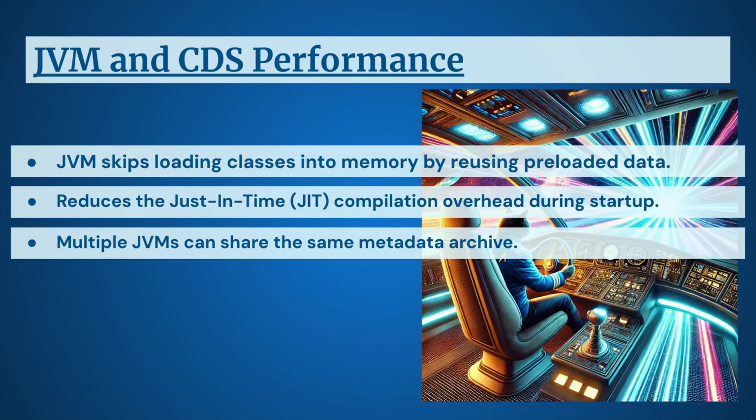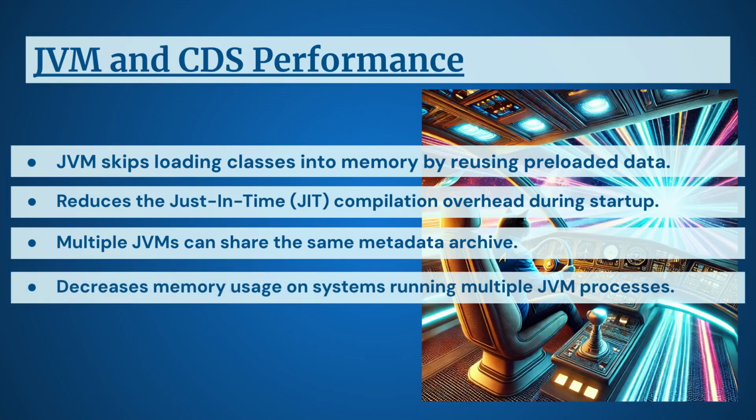The more JVMs we have that depend on the same JSA file, the quicker our startup will be, and it will be quicker in an exponential way. It will decrease the memory usage on systems running multiple JVM processes, and the reason is that it doesn't need to load so much in memory when we are starting with the JSA files.